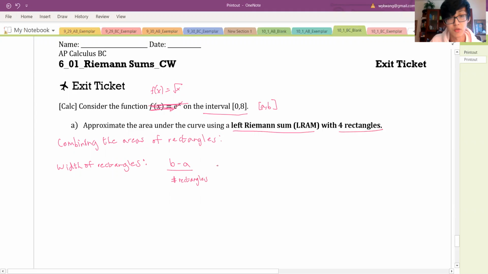So that's going to be 8 minus 0 over the number of rectangles, which is 4, so we're going to have 2. So the width of our rectangle is going to be 2 units, and we're going to have 4 rectangles.